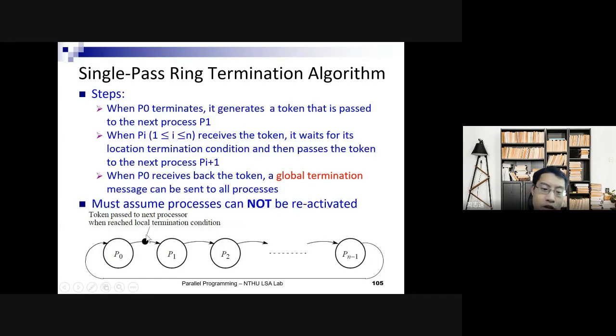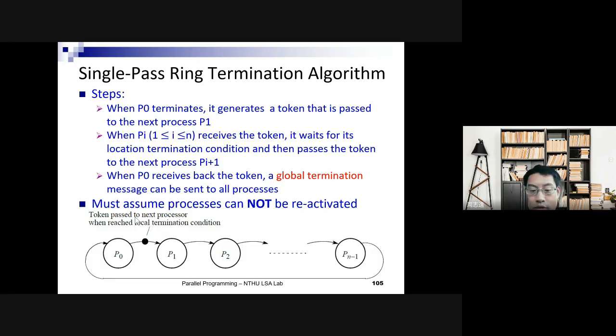The token starts from some master or root, such as P0, and P0 will hold the token until it reaches the local termination condition, such as the workpool is empty. When its local termination condition is reached, it will pass the token to the next process, and the next process will do the same thing, holding the token until its local condition is also reached.